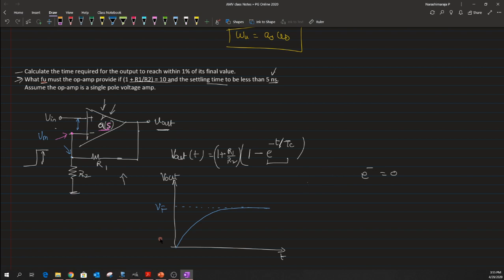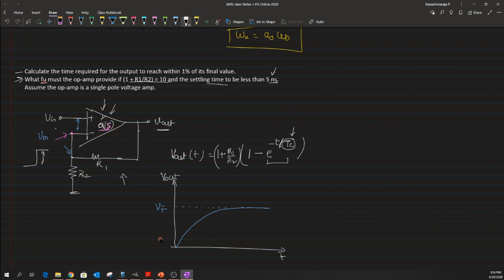But depending on the bandwidth, or depending on this factor tau c, we can ensure that the output voltage can reach the final state to a particular precision, okay. So that can be defined by working on the bandwidth of this closed loop system, okay.